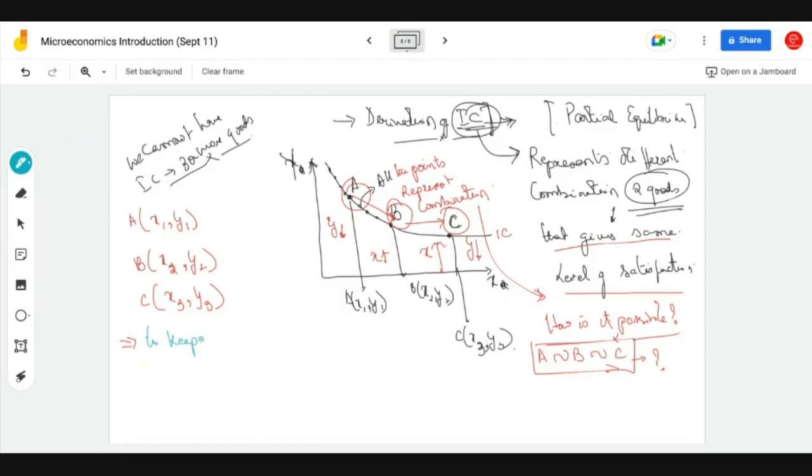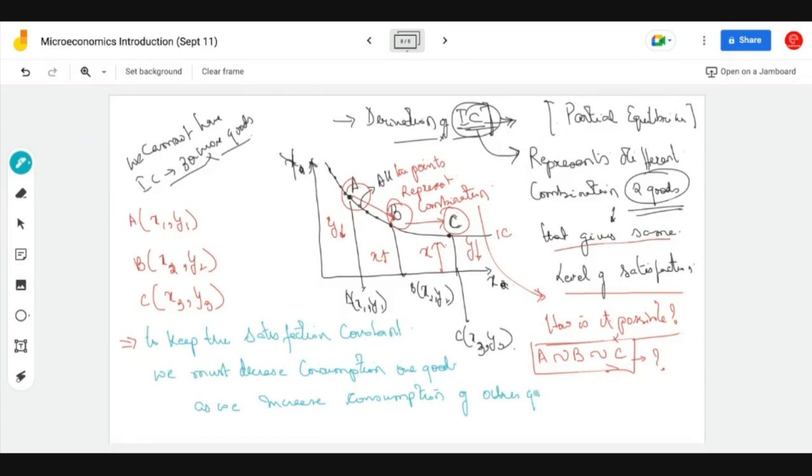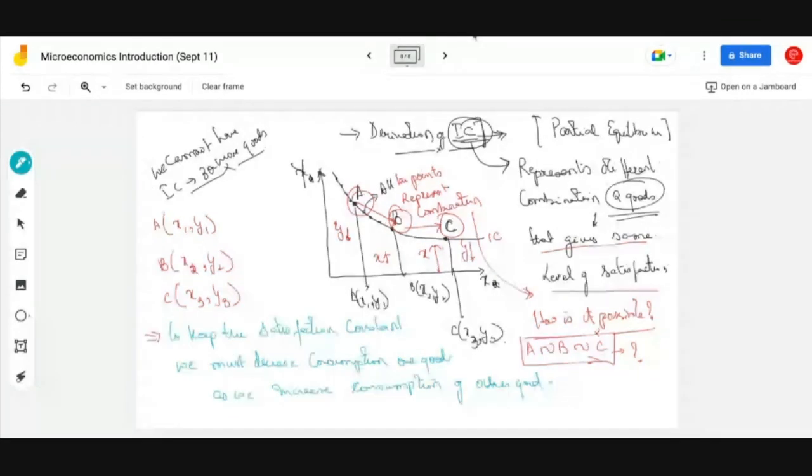To keep satisfaction constant, we must decrease consumption of one good as we increase consumption of the other good. Okay, so this must be true.